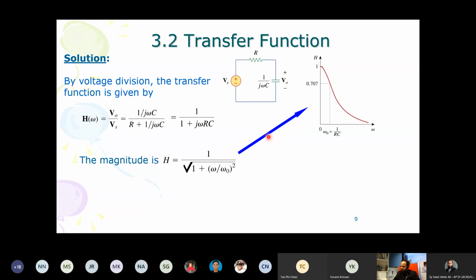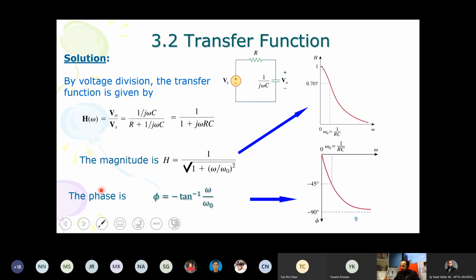And if you keep on increasing, it will go like this until infinity. At infinity, it will be 0. Similarly, the phase is minus tan inverse omega upon omega naught, and the plot will be something like this. So far so good. Once again, this is the very basic way to plot the frequency response, but that's not the way we'll be doing it later on. So this is just for basic understanding.